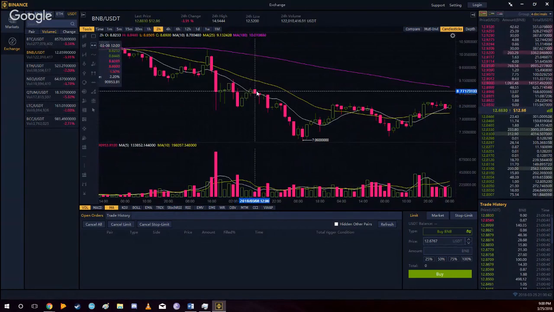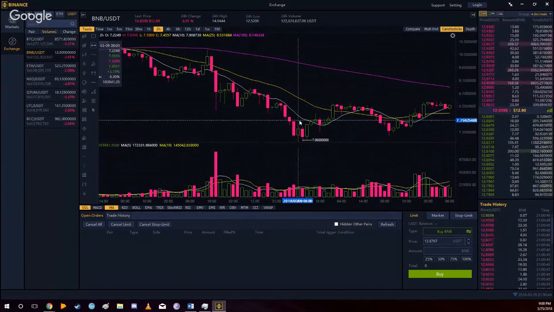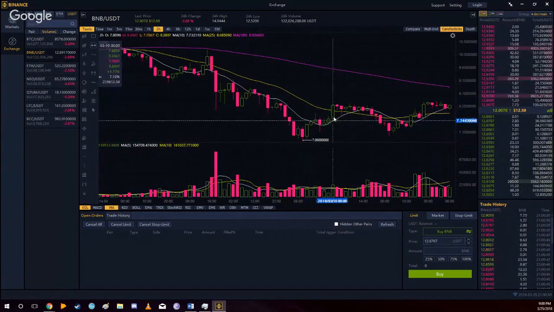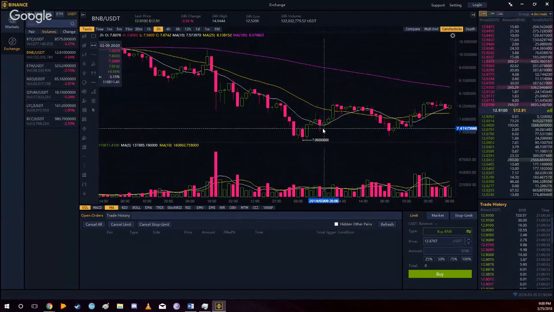It hits the MA10 continuously, but it never manages to break the MA25 until this point. And at this point, we can think that it will probably stabilize.